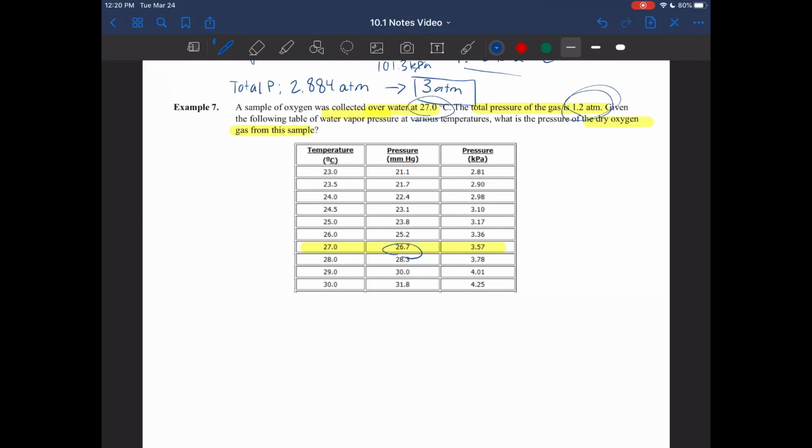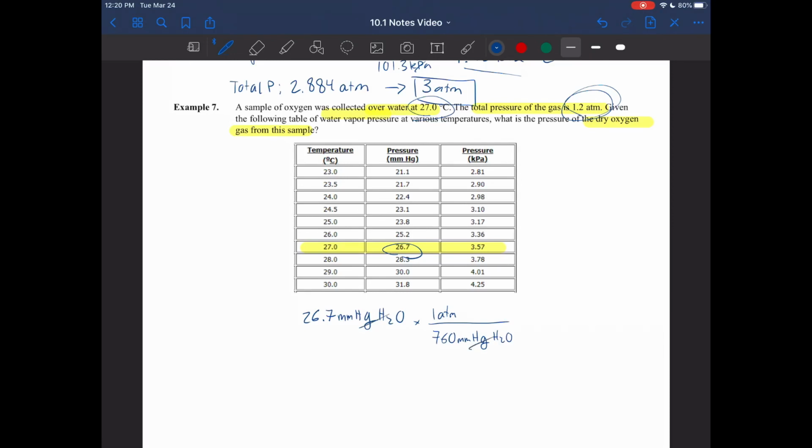I'm going to use these millimeters of mercury here. So I'm going to do 26.7 millimeters of mercury of water vapor, H2O, and let's convert that to atmospheres.